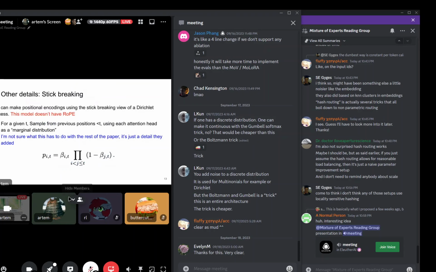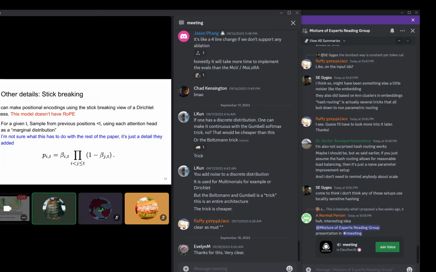Yeah, and then there are a few other details which I don't think are very important to the actual architecture. One of them is this stick-breaking Dirichlet process.